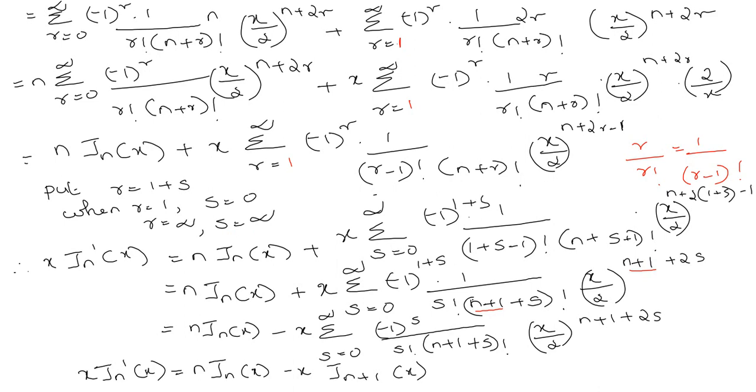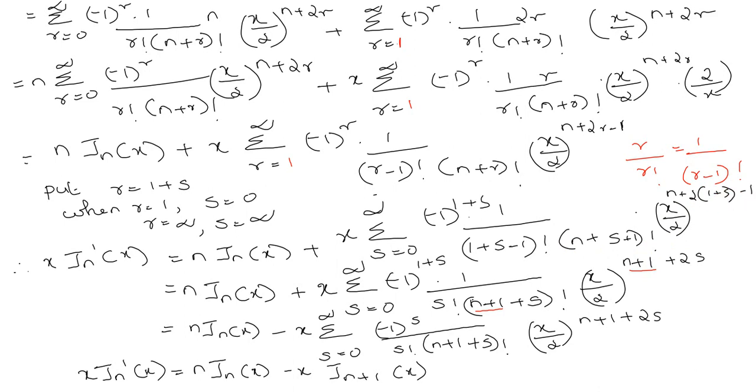So that our equation will now become x Jn dash of x is equal to n Jn x plus x into sigma, instead of r we need to write s is equal to 0 to infinity, minus 1 raised to, instead of r here we are writing 1 plus s, divided by, instead of r here we are writing 1 plus s minus 1 factorial, and instead of n plus r factorial we need to write n plus s plus 1 factorial into x by 2 the whole raised to n plus 2 into, instead of r here I am writing 1 plus s minus 1.